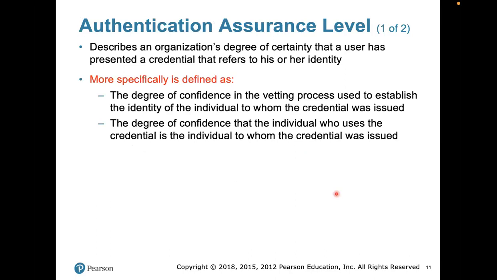Okay. Another thing that we need to know about authentication before getting into real algorithms is the assurance level. Based on NIST, authentication comes with some assurance level, which basically means the degree of certainty that we have when we authenticate a user. We authenticate a user and we let the user pass, and we allow the user to use some resources or functionalities.